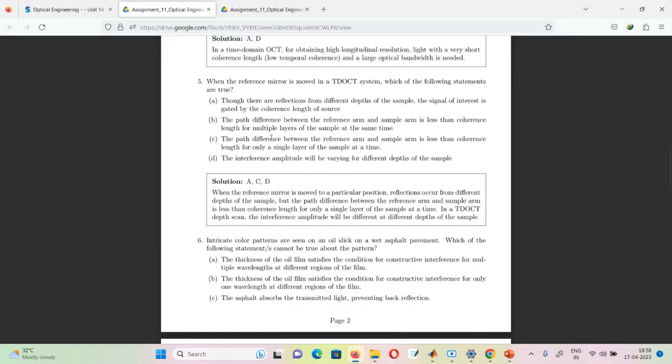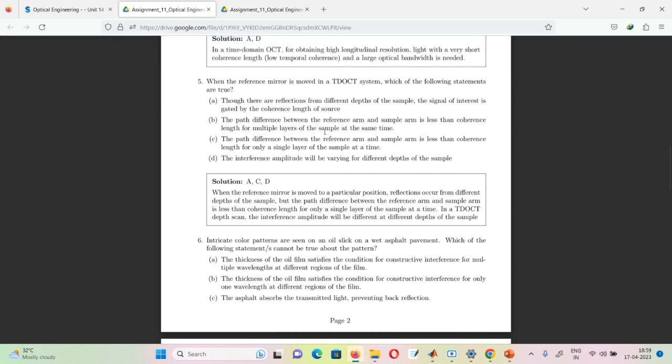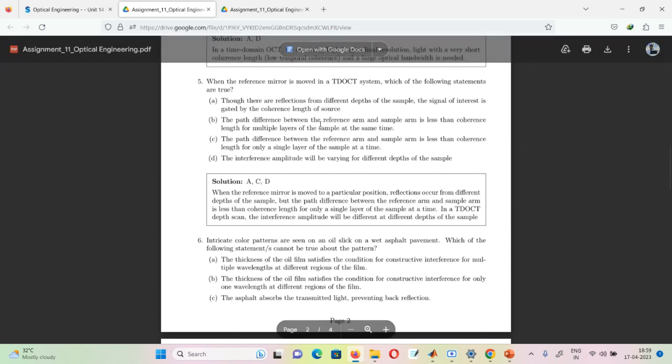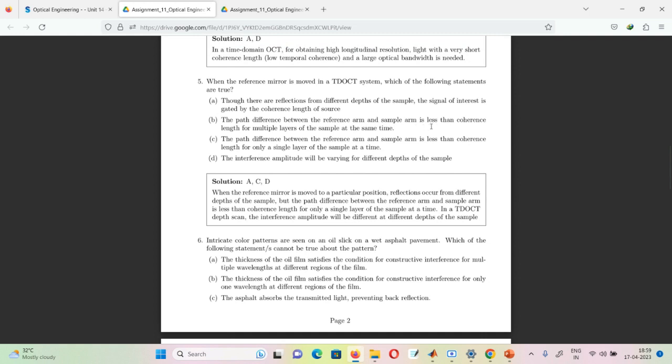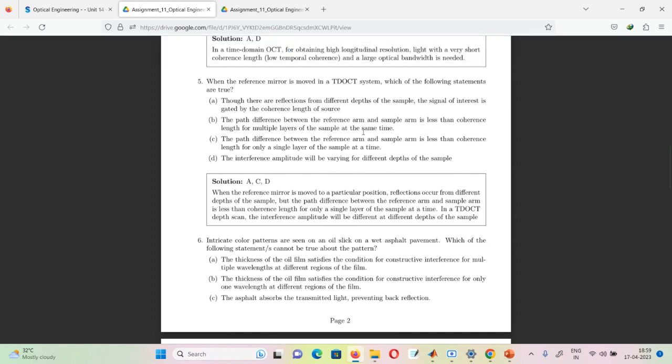Next, the path difference between the reference arm and the sample arm is less than the coherence length of the multiple layers of the sample at the same time. Just think, what would happen if the path length is within the coherence length?